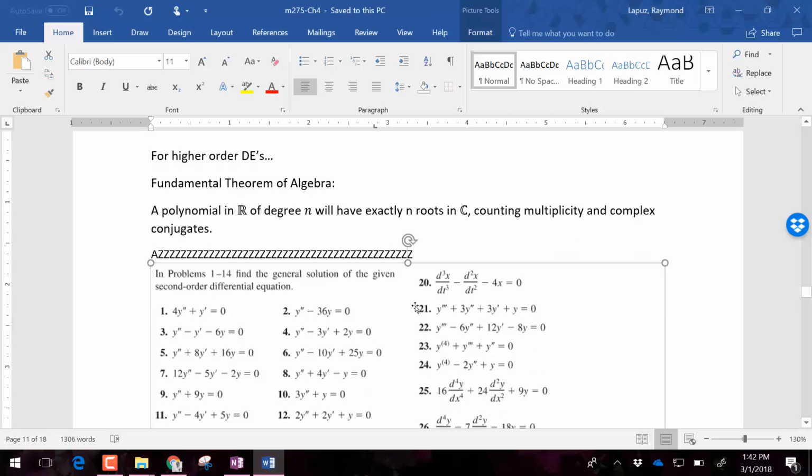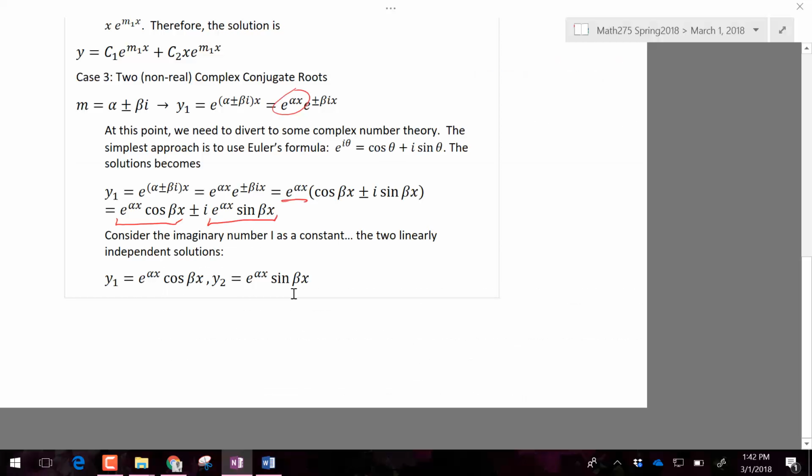All right. So I guess if I wanted to add this last thing over here, then your general solution is going to be y equals C1 times that plus C2 times that.